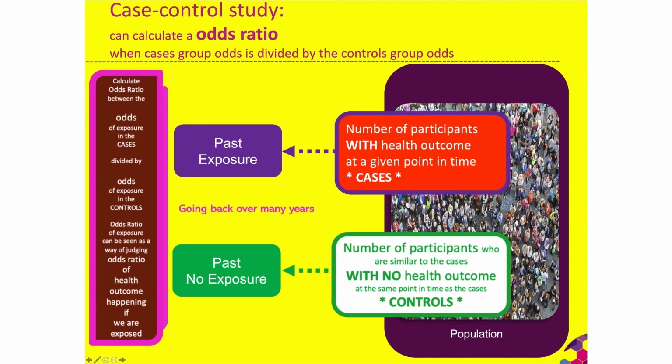We calculate the odds ratio between the odds of exposure in the cases and the odds of exposure in the controls. And in one way, the odds of exposure can be seen as a way of judging the odds of the health outcome. We can convert it. We can go from the odds of being exposed to something to saying that's also the odds of being affected by that health outcome, because they link together.